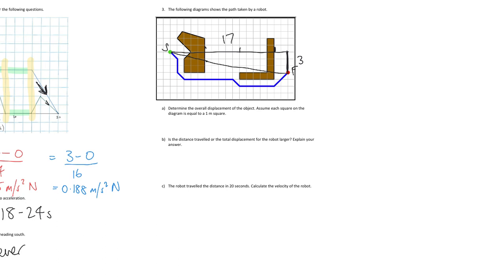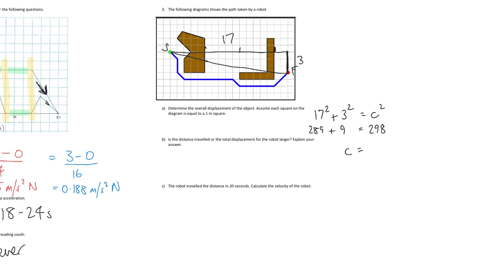So the overall displacement of this will be 17 squared plus 3 squared is equal to c squared. Okay, so this is Pythagoras. So 17 squared is 289 plus 9 is equal to 298.